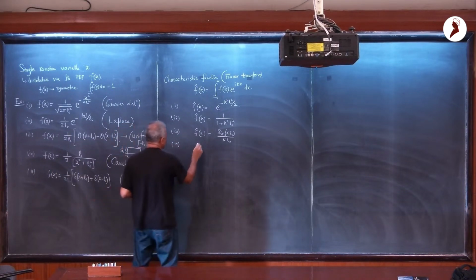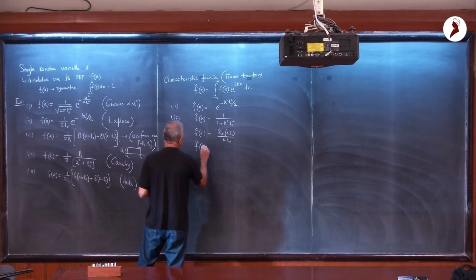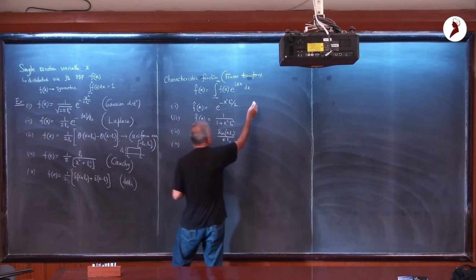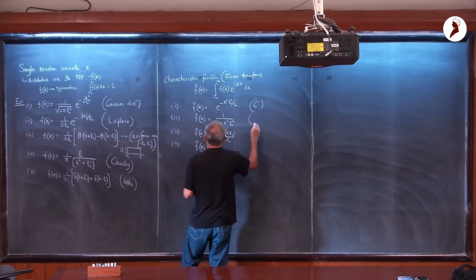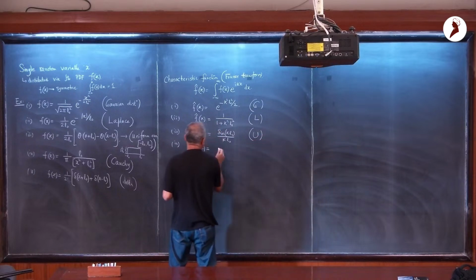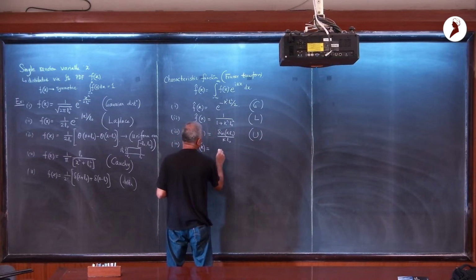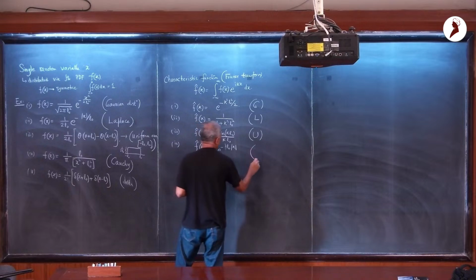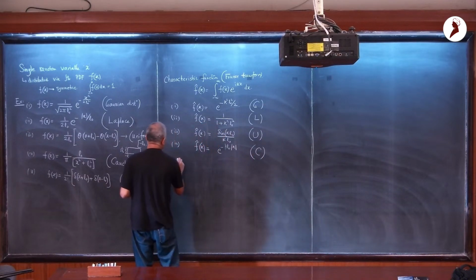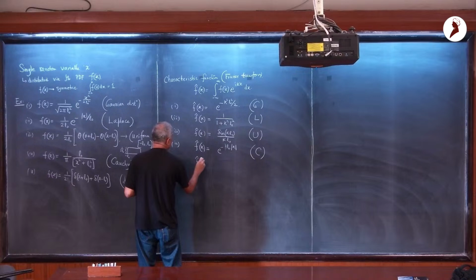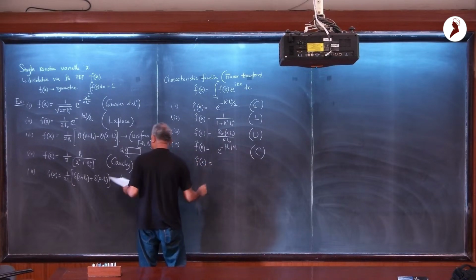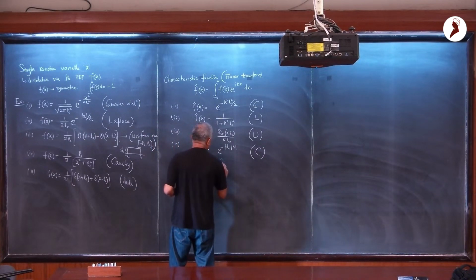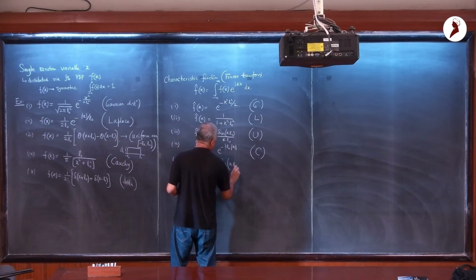Fourier transform of the Cauchy distribution: Gaussian, Laplace, uniform. For the Cauchy distribution, it's actually exponential minus L naught. And finally, for the delta function, this guy here, its Fourier transform is cosine of K L naught.